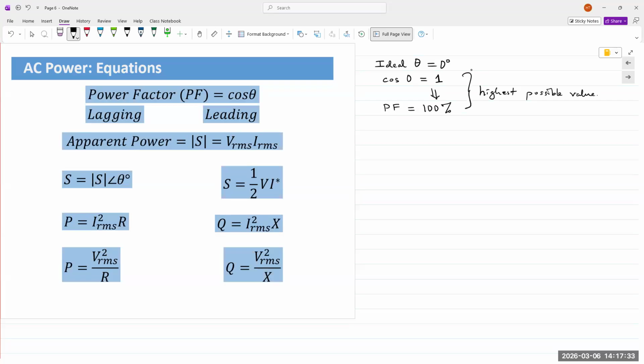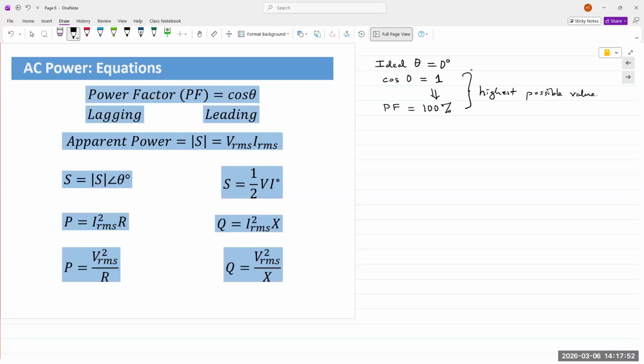Also, we express power factor as either lagging or leading. This is expressed from the reference point of the current. If the current lags the voltage, we say power factor is lagging. If the current leads the voltage, we say power factor is leading.